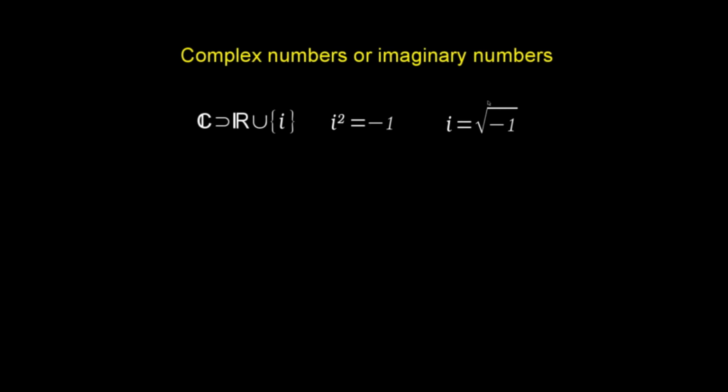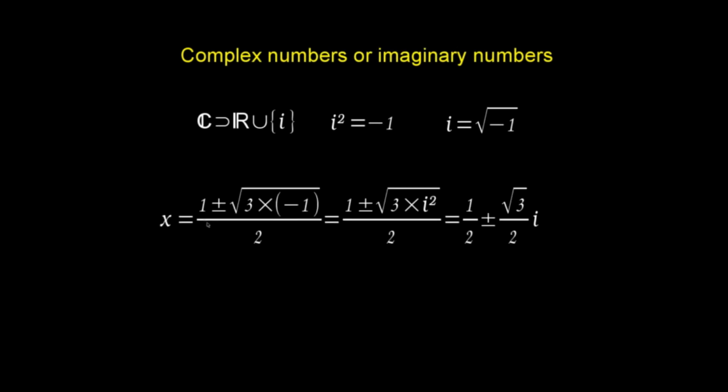Okay, so now if we try to solve our equation with complex numbers, we can see that we can transform this minus 3 into 3 times minus 1. This minus 1 is i squared, and if I put the i squared outside the square root, I will have this solution: 1 divided by 2, plus or minus the square root of 3 divided by 2 times i.